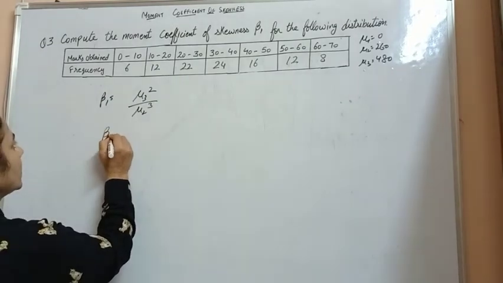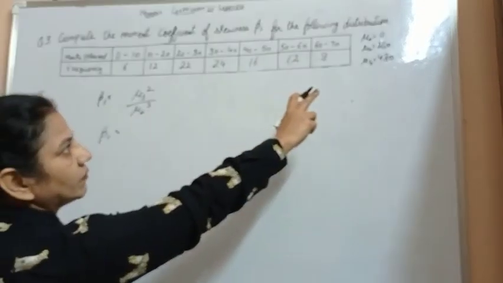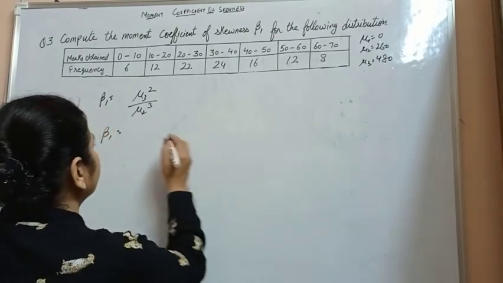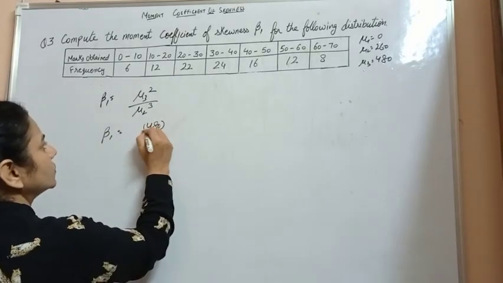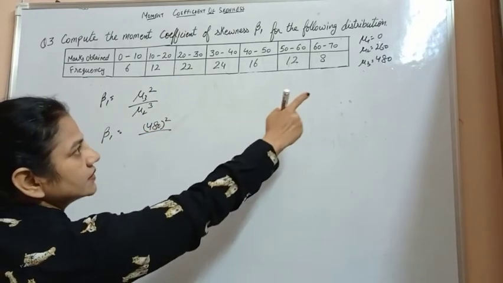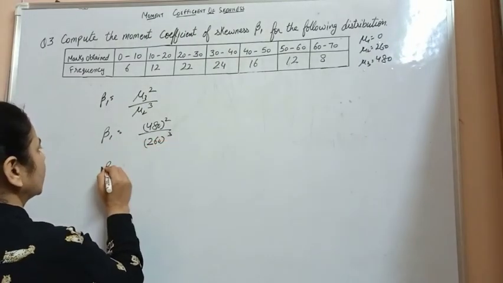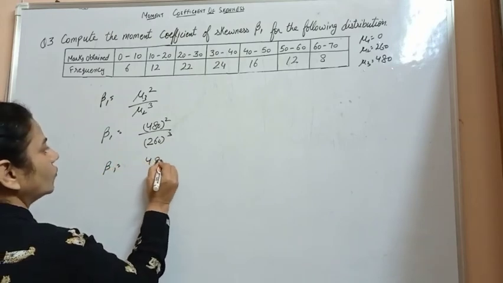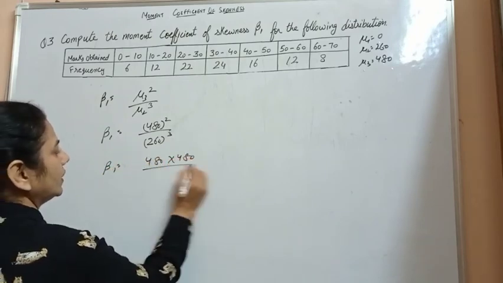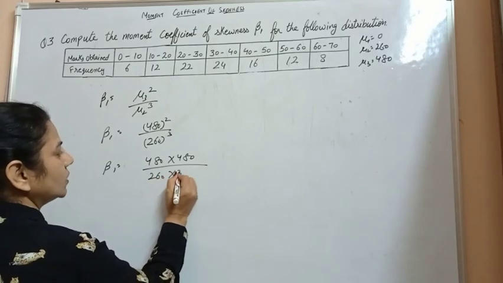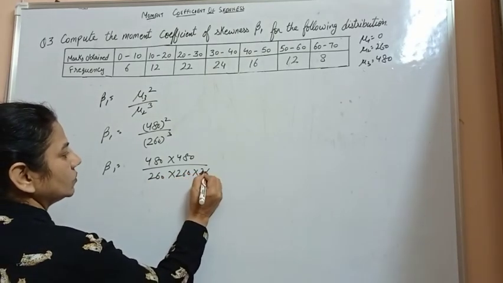So beta 1 has the third central moment we calculated as 480, so 480 square divided by the second central moment 260 cube. Expand this and solve: 480 into 480 divided by 260 into 260 into 260.